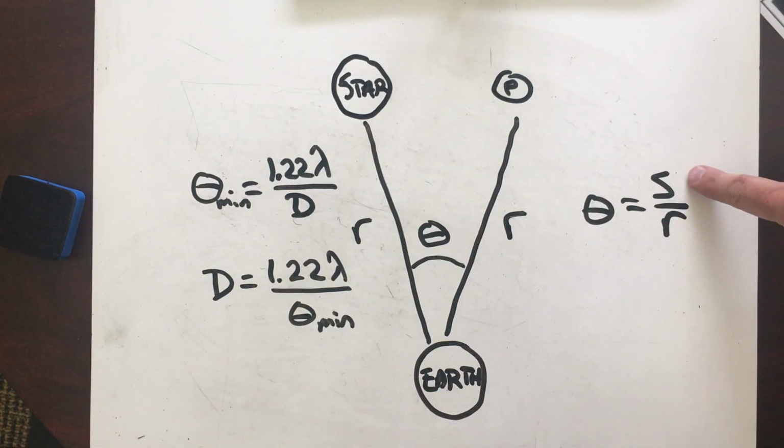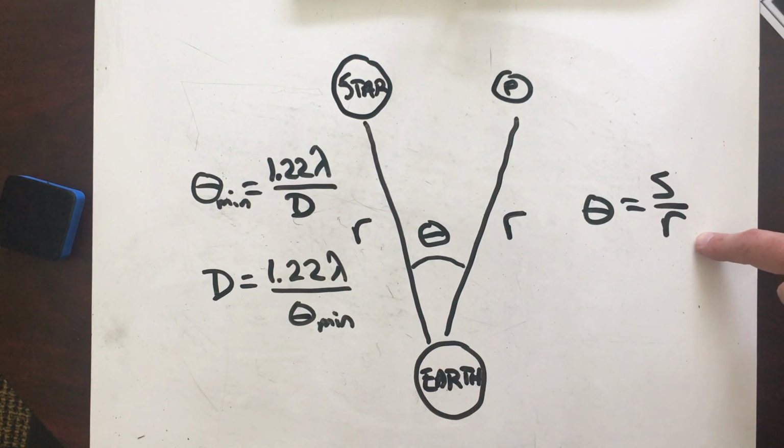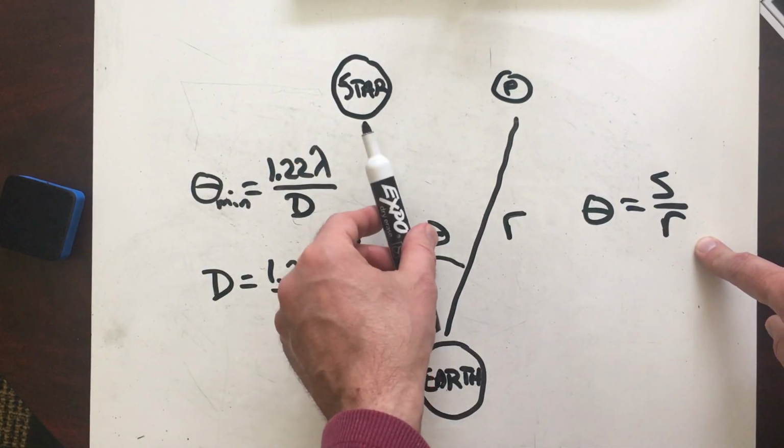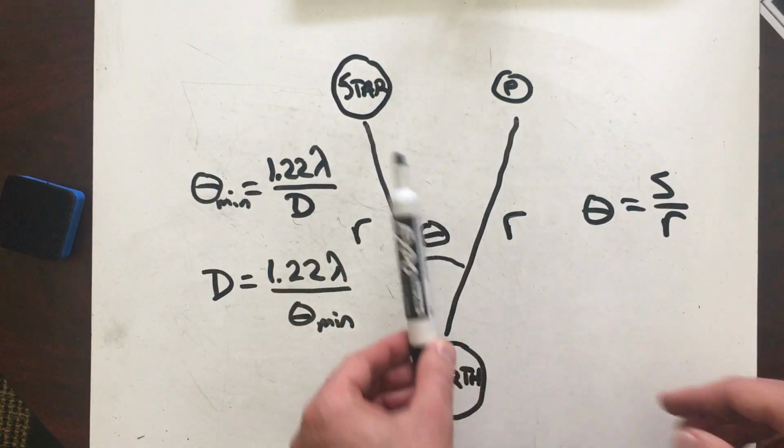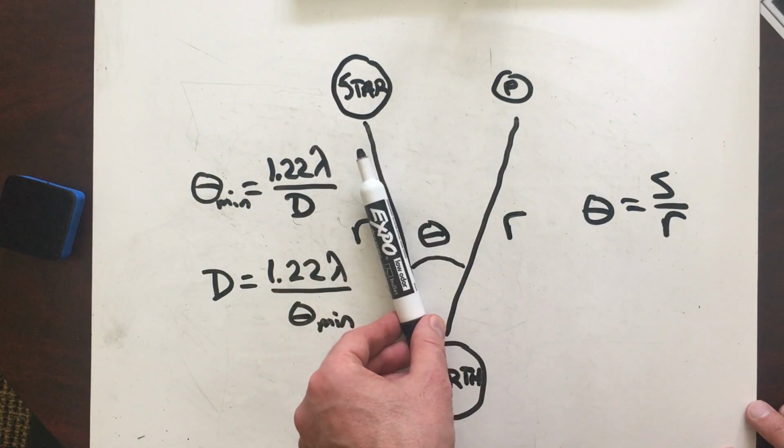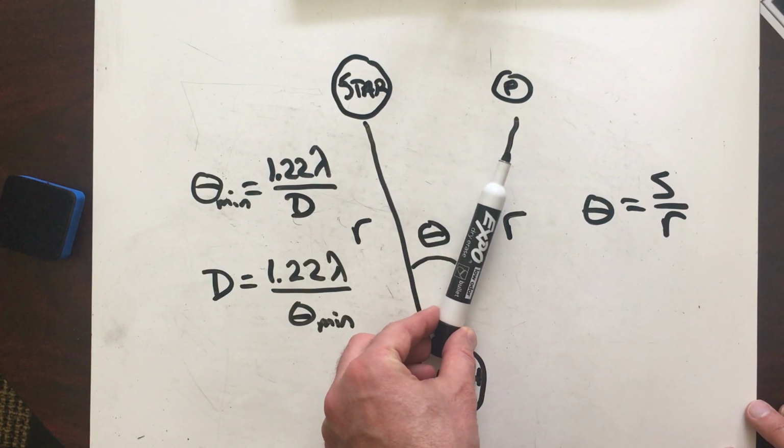Now S is called the arc length. And R is, strictly speaking, called the radial arm. People often say the radius, but strictly speaking, it's the radial arm. It's the arm you're using to swing out the arc length. So for example, here, the radial arm would be, I'd go from here and I'd be swinging around like this.